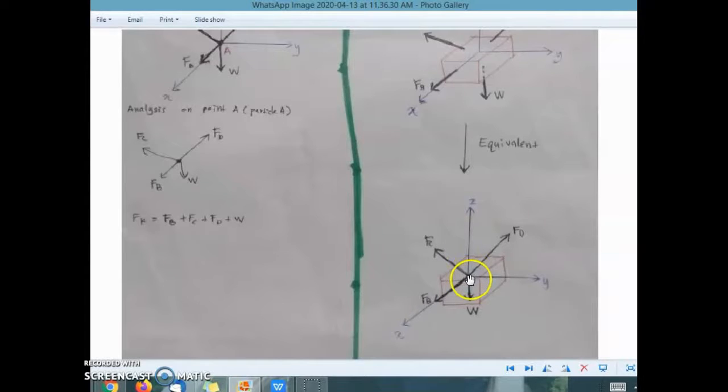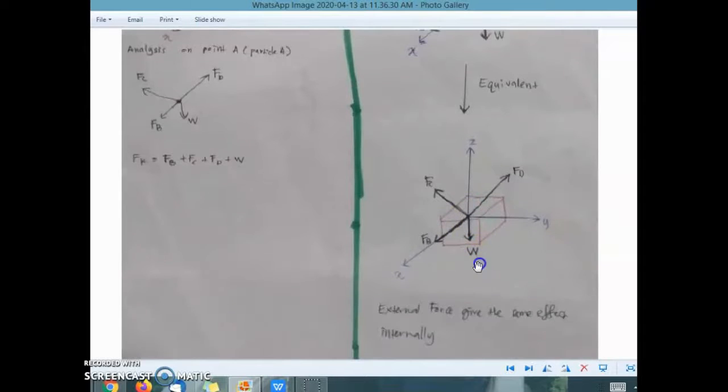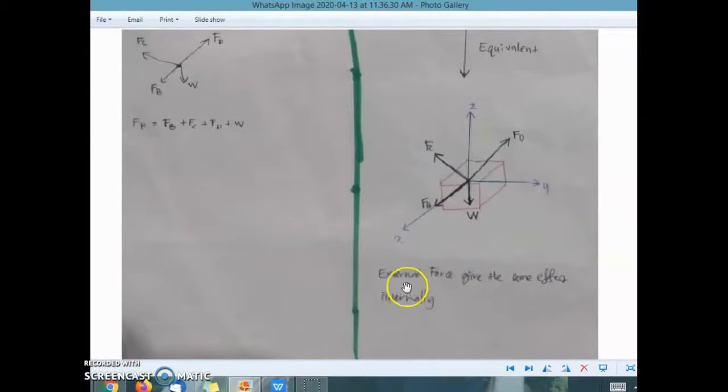So we can move the force subjected on the surface of the body into the internal of the body, or we can simply put it in the center at the axis origin. It seems that there is also a point here. It becomes a particle analysis. So the external force gives the same effects internally on this body.